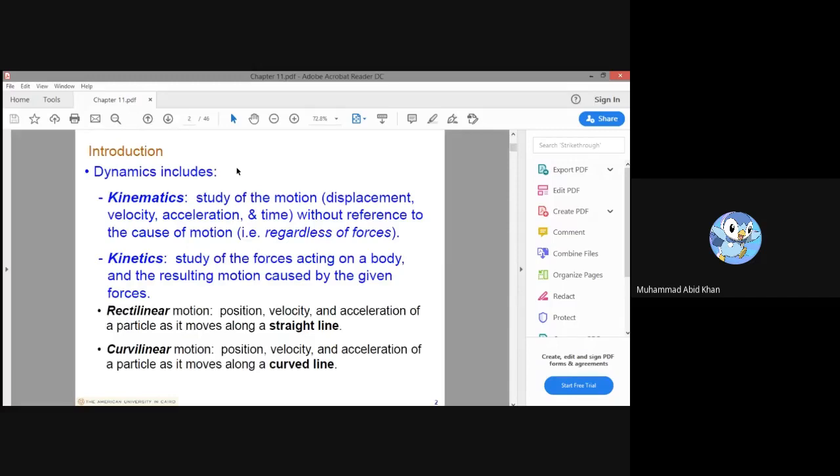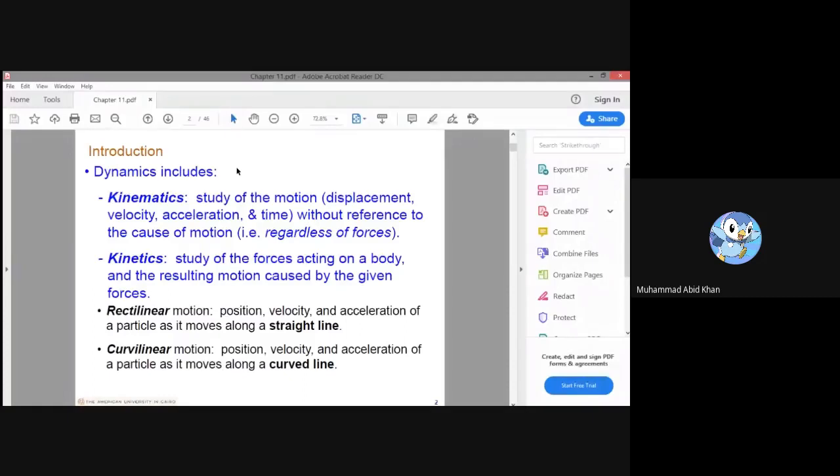What is the introduction to dynamics? What is included in dynamics? It includes kinematics and kinetics. What is kinematics?